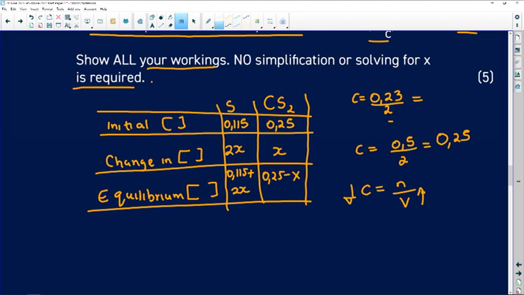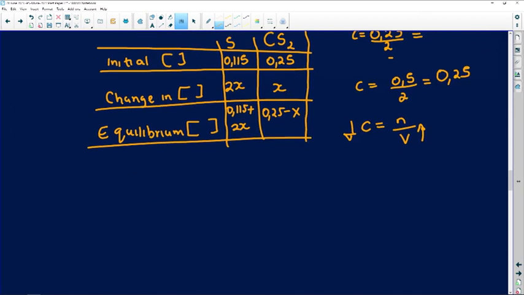Let us go to our Kc expression now. Kc is equal to the product over reactants. We know that CS2 and then sulfur, product over reactant. My sulfur is S here, and therefore we have it squared. What do we then have?